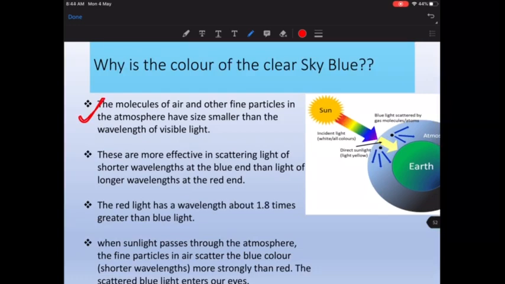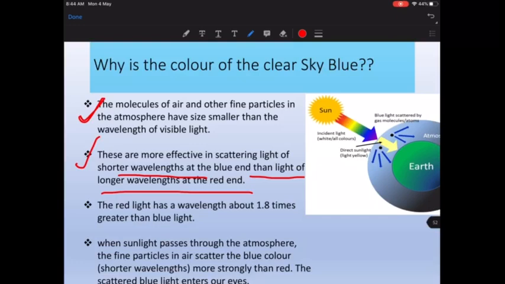These are more effective in scattering the light of shorter wavelengths at the blue end than the light of the longer wavelength, that is red. Means these are effective in scattering only the short wavelengths, not the large wavelength.